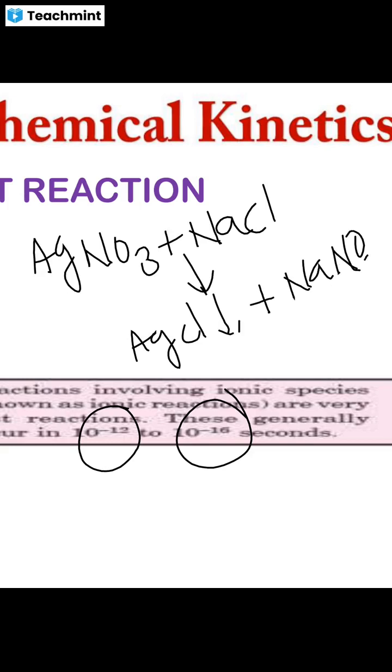This is an example of a fast reaction. Fast means the reaction is completed in a period of 10 power minus 12 to 10 power minus 16 seconds. How fast it is, no? In this time period the reaction is completed, so it is called a fast reaction.